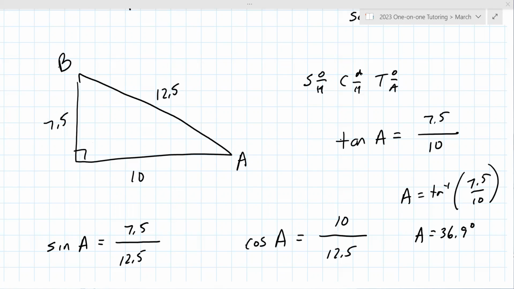Maybe the 20-foot ladder problem. I guess we kind of already did that though.